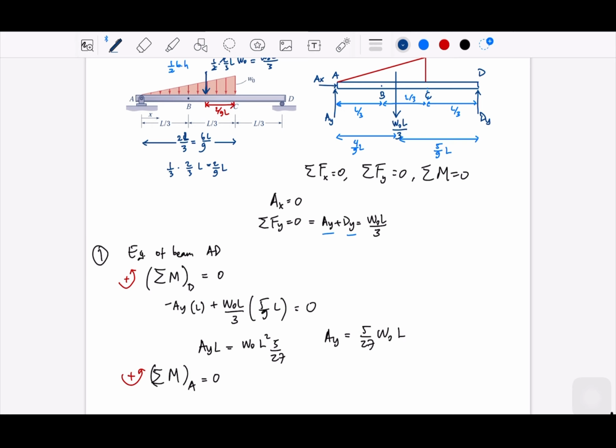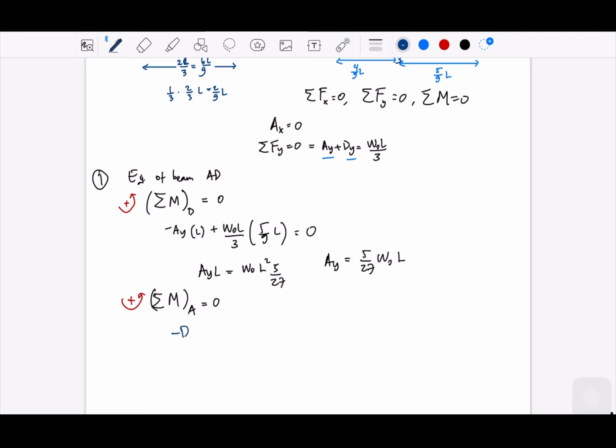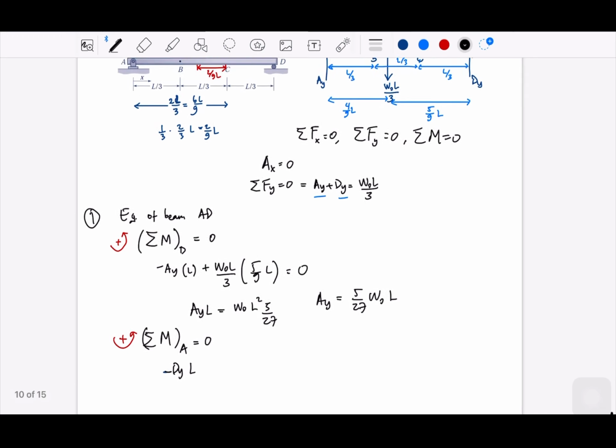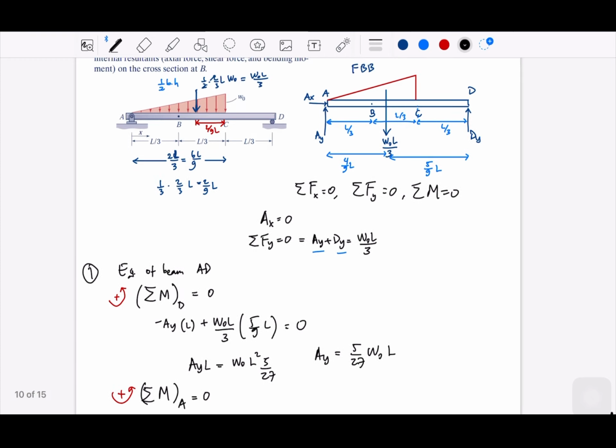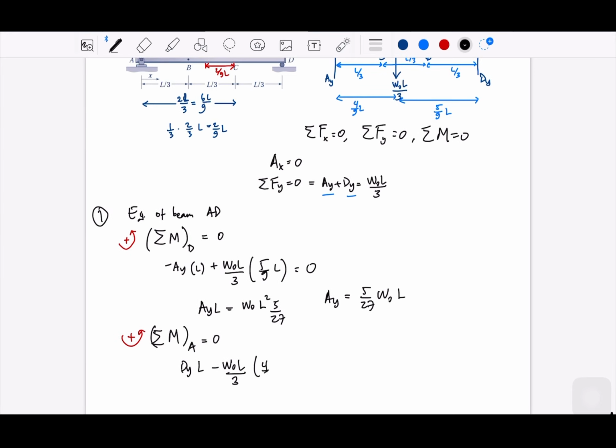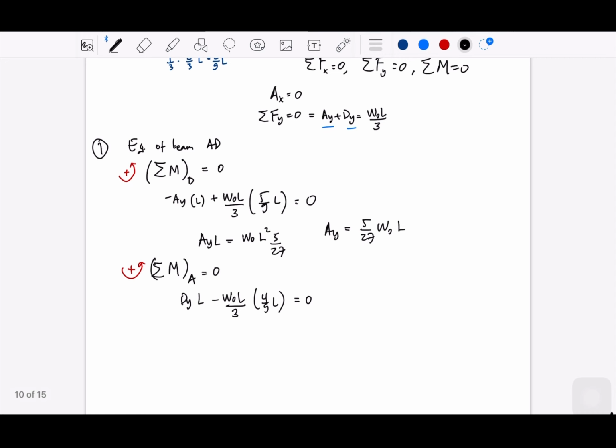So at A, we have minus Dy L, and then it's positive, sorry, and then minus 4/9 L. We can cancel out L directly and say that Dy is equal to 4/27 WL.